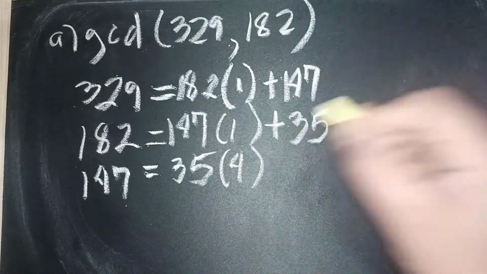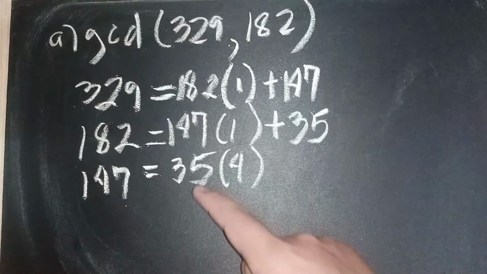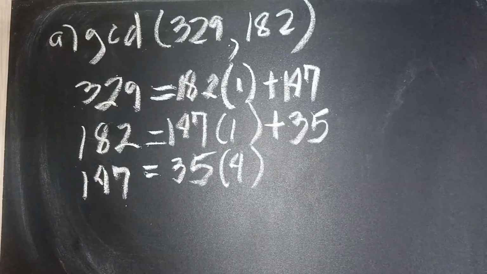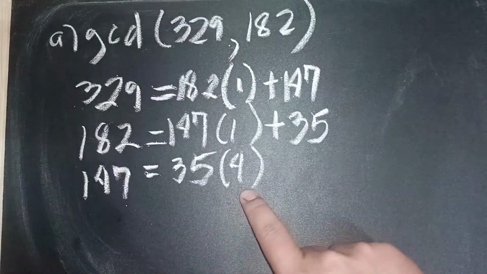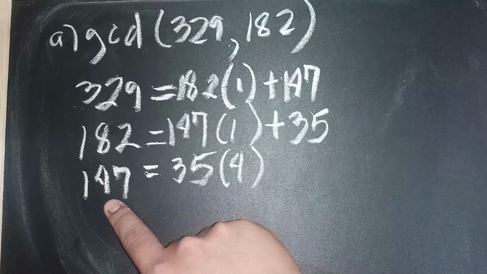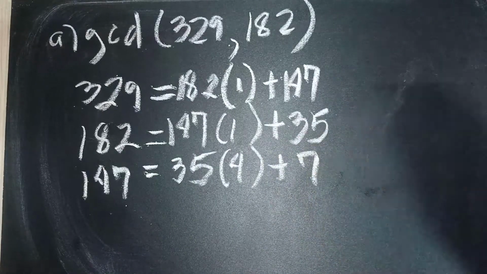Okay? So, 35 times 4 is 140. So, 140 minus natin sa 147, that is, tama mga boss, 7. And that is the remainder.